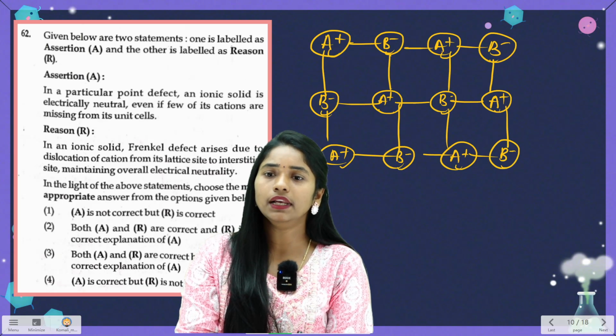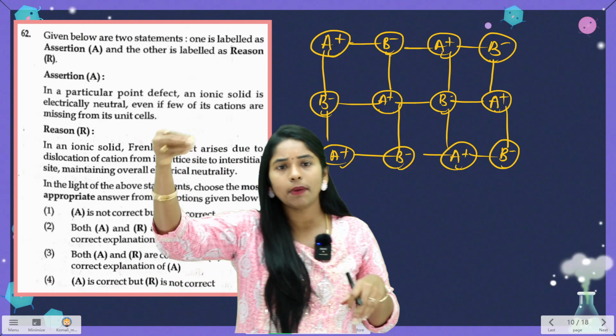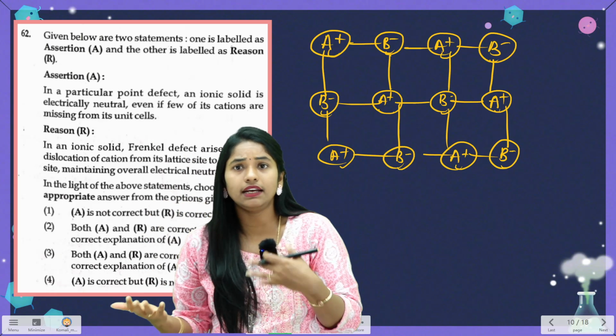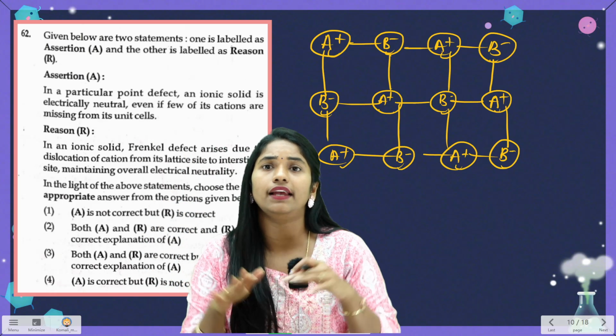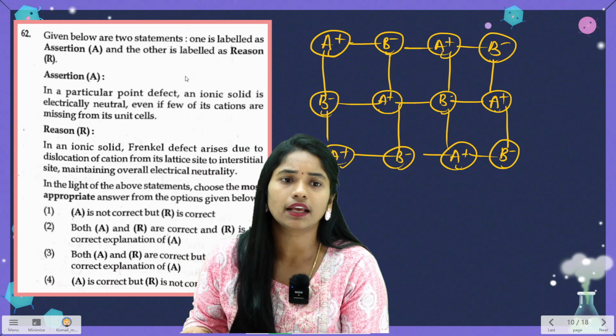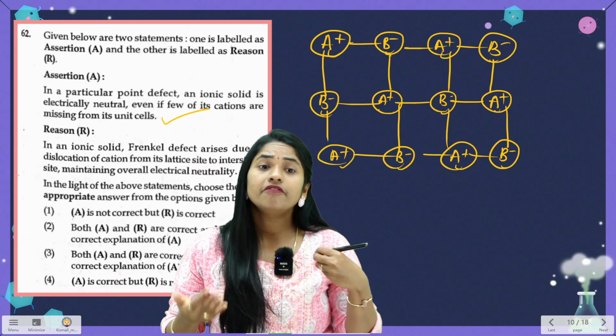For example, if some ions are missed, even though it is maintaining the electrical neutrality, charge balance, it is maintaining. Yes, it is possible. Why is it possible?